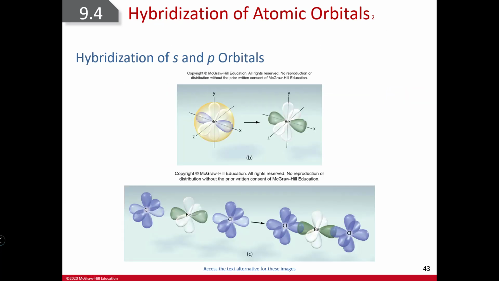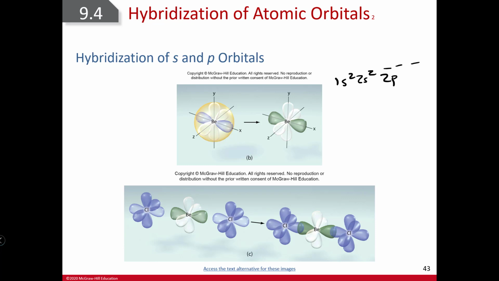All right, so let's look at another one here. And that's actually beryllium chloride. So here's what beryllium looks like. It has, remember, 1s2, 2s2, and then it has nothing in the 2p. But the p orbitals are there, and they do have direction to them.